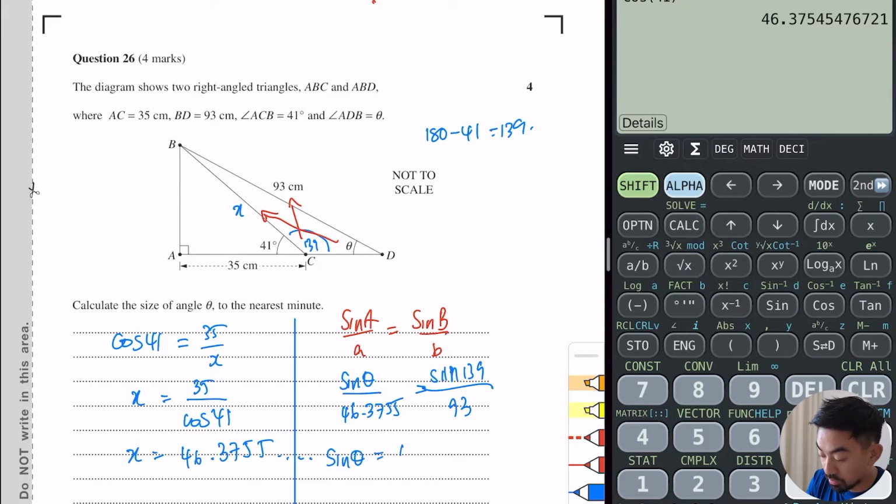Multiply both sides by 46.3755. And I just basically want to shift sine all of that. So shift sine.